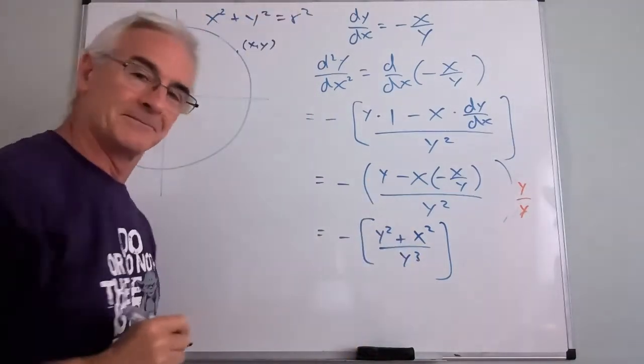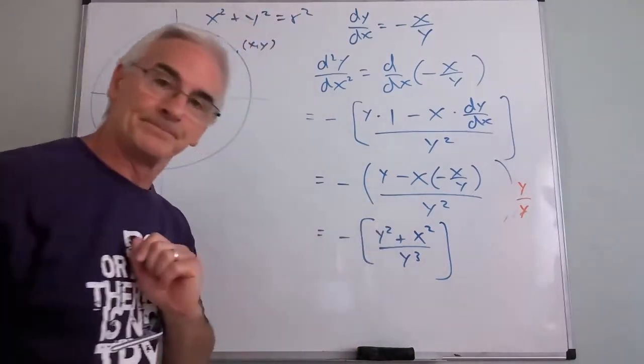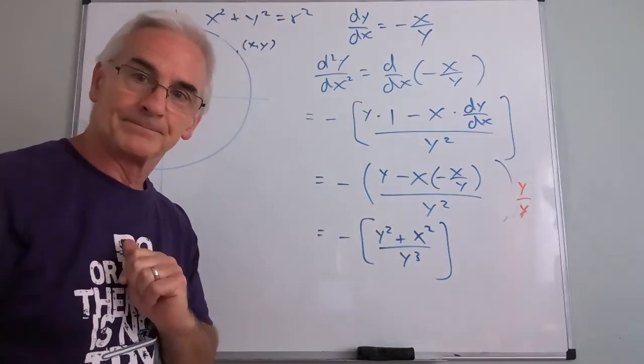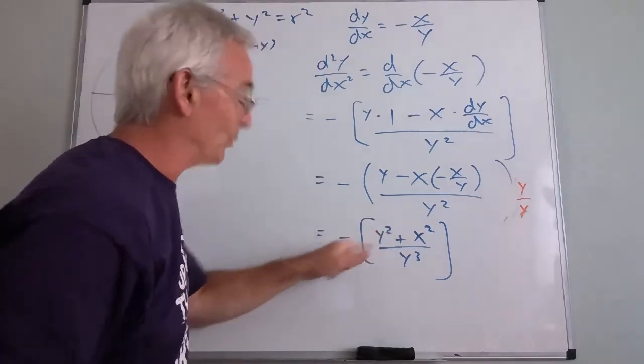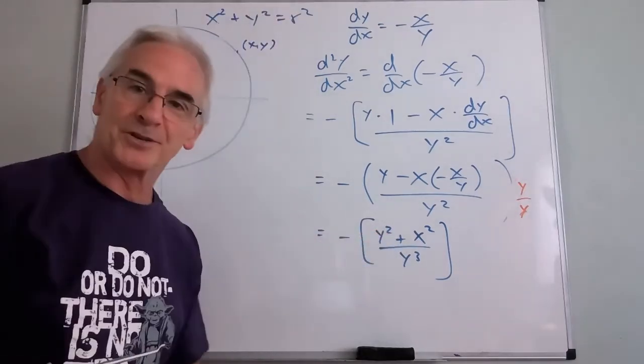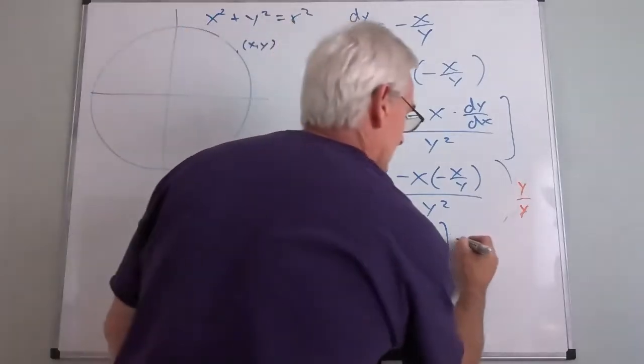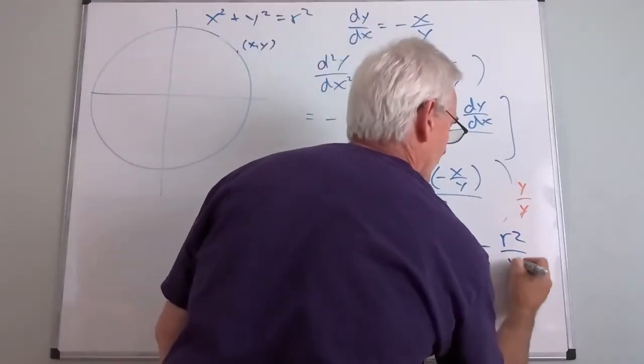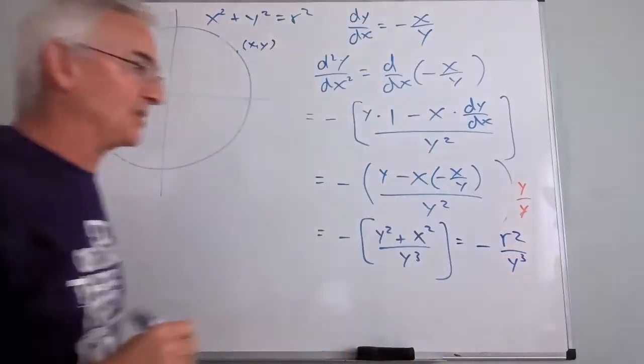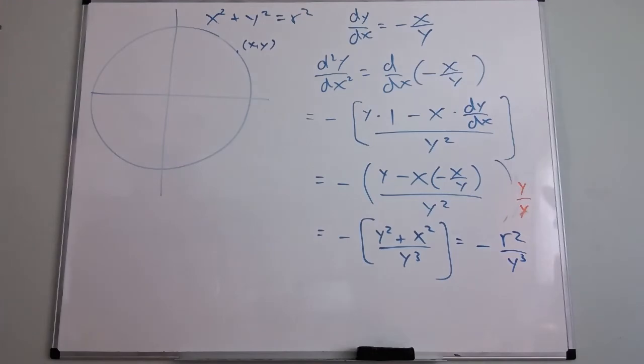Anybody see anything there? What's my numerator? x squared plus y squared. So my numerator is r squared. So my answer is negative r squared over y cubed. This is as easy a second derivative as I can possibly come up with implicitly.